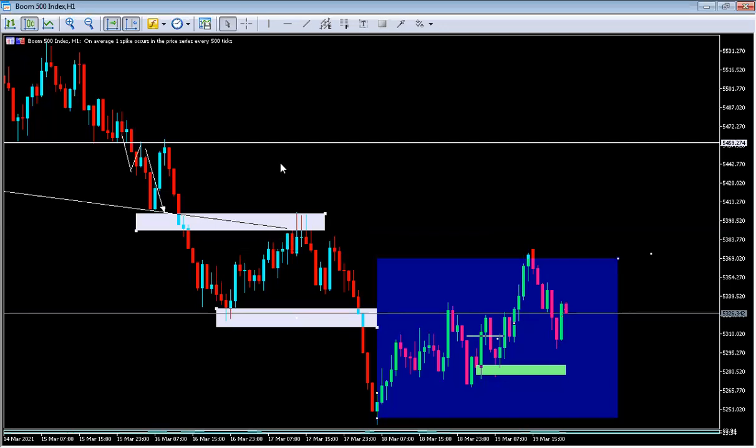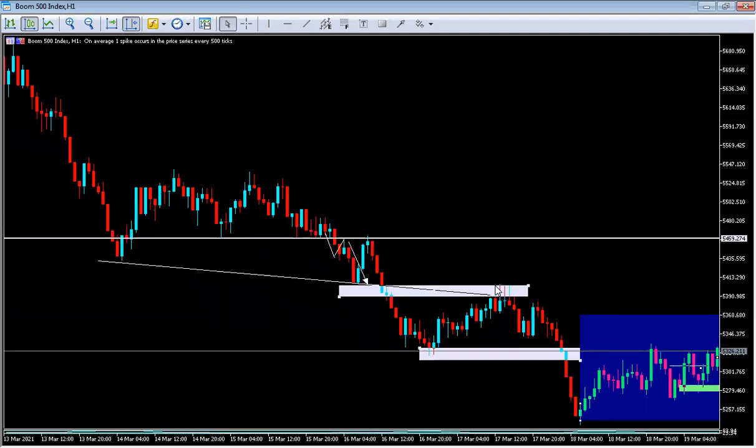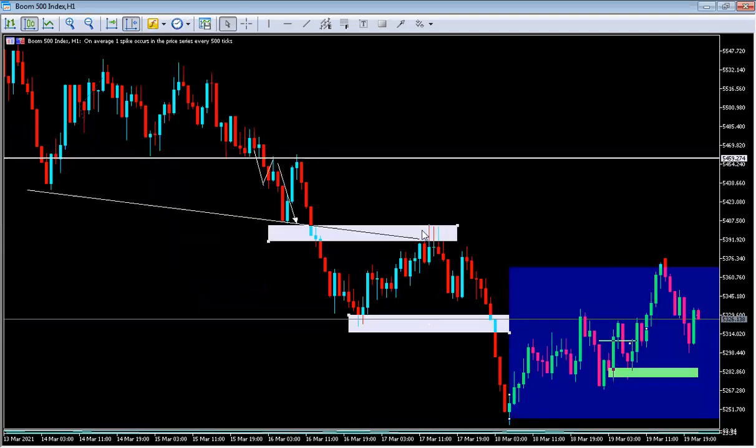Always, you must make sure that the market touches that zone at least 2 or 3 times before you know it's an obvious zone. Okay, 2 or 3 times. So here is one as support, and here is two as resistance. So it's an obvious zone, and as you can see, it's also the highest so far.